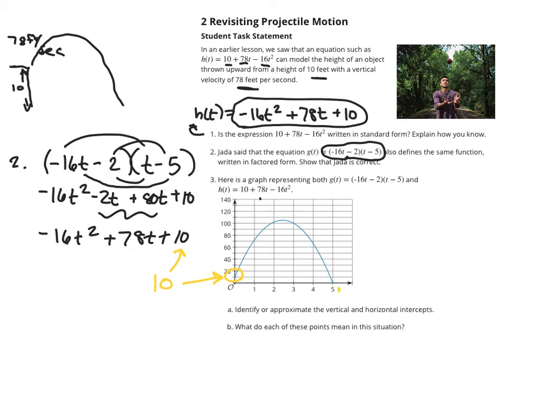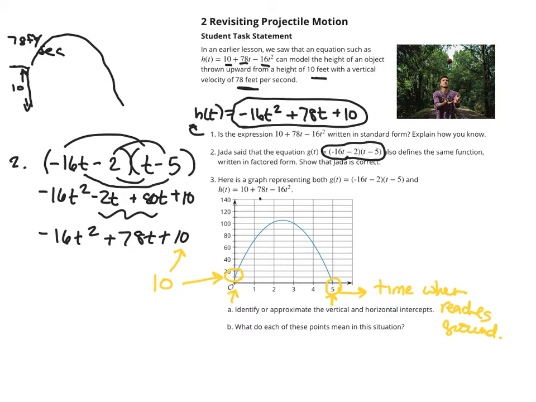And then this is the horizontal intercept, and this represents the time when the object reaches the ground. Right? So we start at time 0, we end at time 5, I assume seconds. It said feet per second, so seconds.